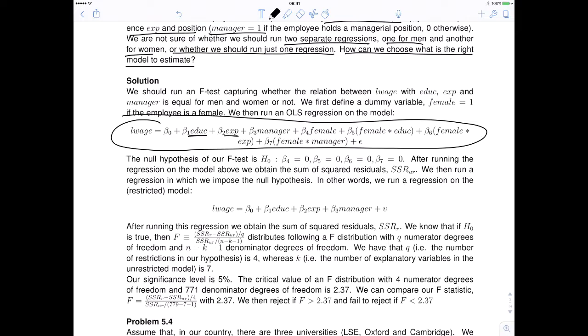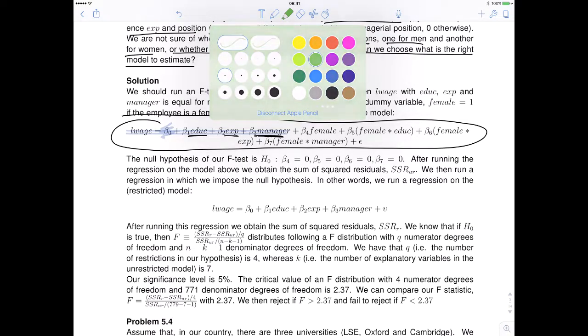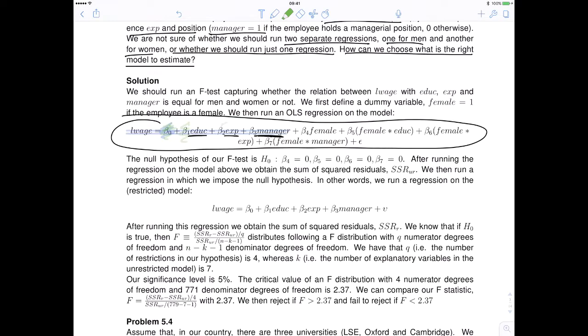Education, experience, manager. This would have been the regression if you were going to run a single regression for all of them. Because you're not sure whether you should run a separate one for males or females, you're assuming that all of these coefficients could possibly change between male and female.